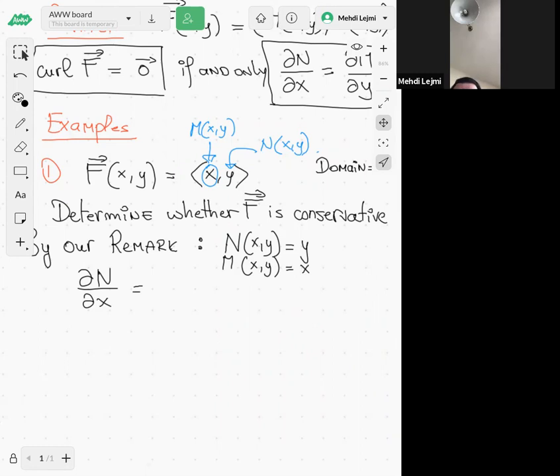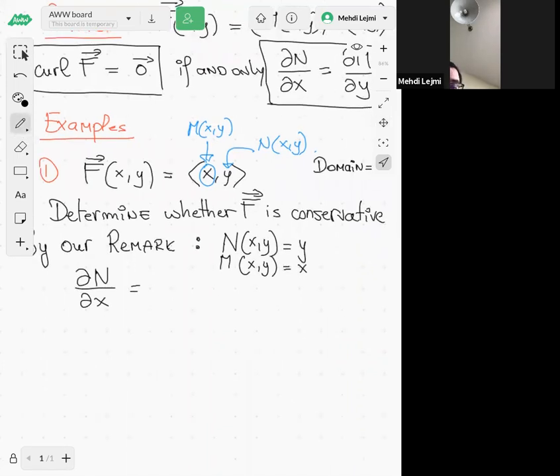N is just y, so when we derive with respect to x, we assume y is a constant. The derivative of a constant is 0, so this is equal to 0. Please let me know, guys, if you have any questions. You can stop me at any time.